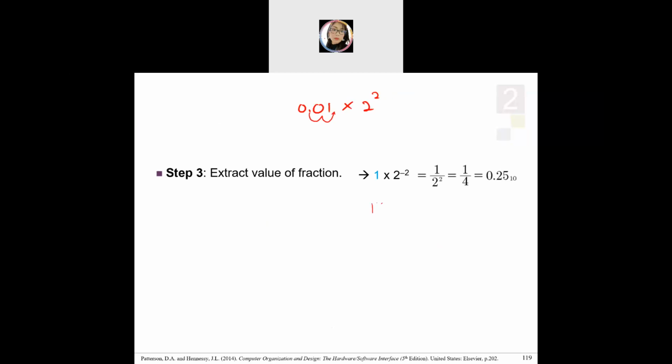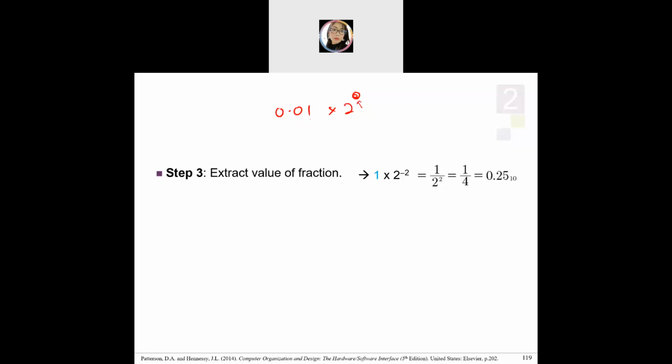Why is it 1 times to the power of negative 2? Isn't it 0.01 times to the power of 0? It should start with to the power of 0, because we need to have normalization, right?